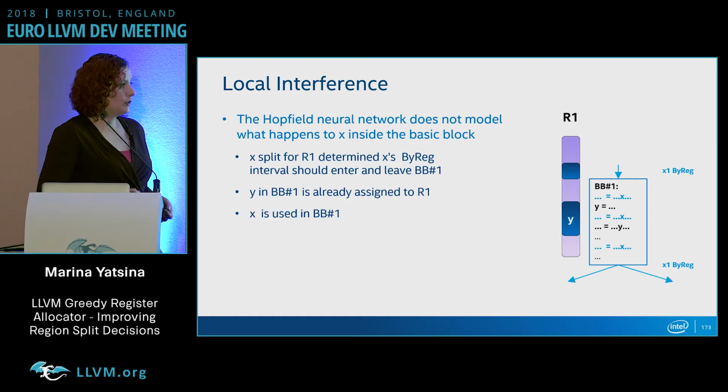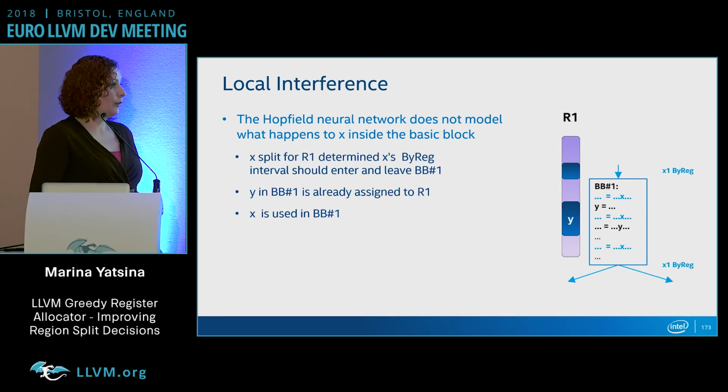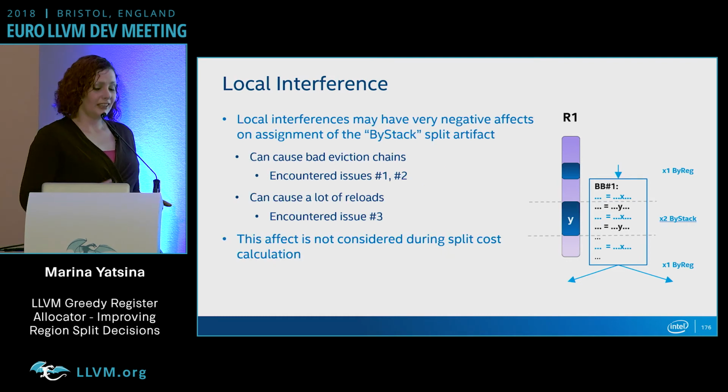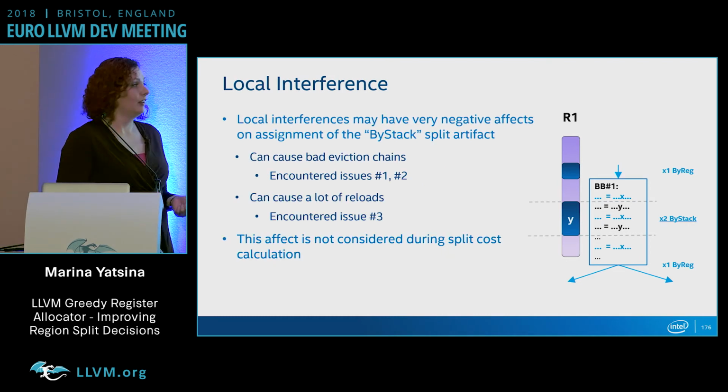And we also have uses of X in that basic block. So because of the interference, X cannot be passed in the X by reg interval, it has to be passed on the by stack interval. And when we have such a local interference, this causes us a lot of trouble.